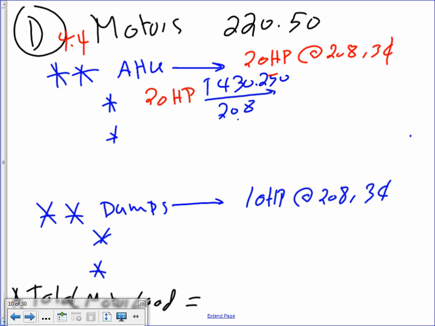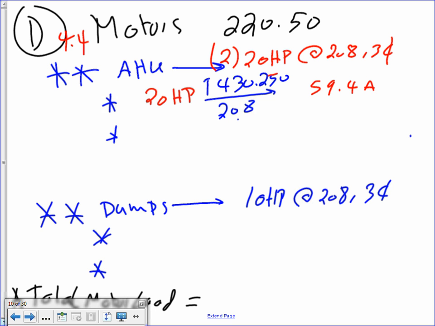Under 208, because the system is 208, it will give you 59.4 amps. I want to remind you, I have two of these. Then you pick the largest motor out of the two.